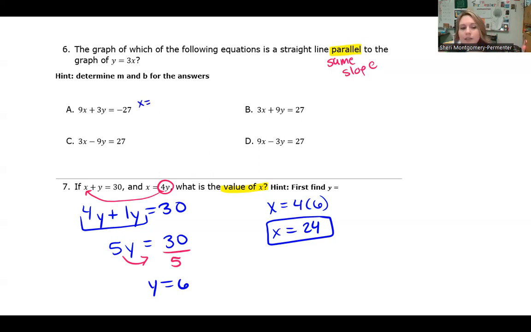What is -27 divided by 9? It's going to be negative. Very good. And then we need to figure out y. So that will be -27 divided by 3. It'll be negative.